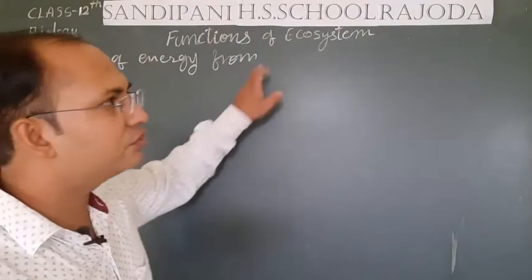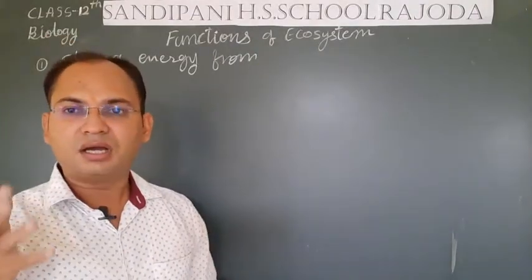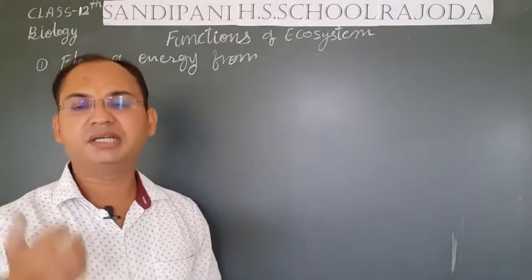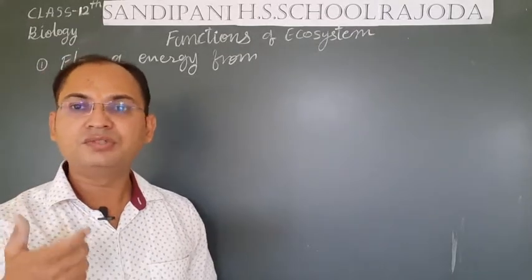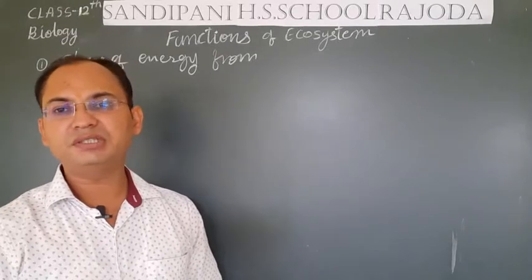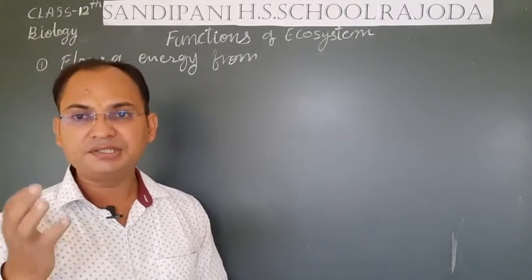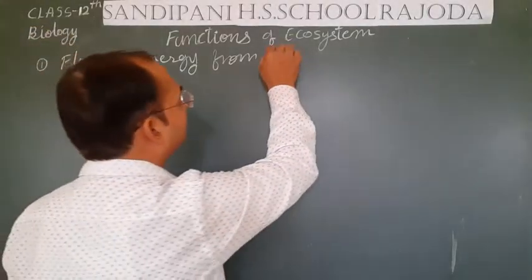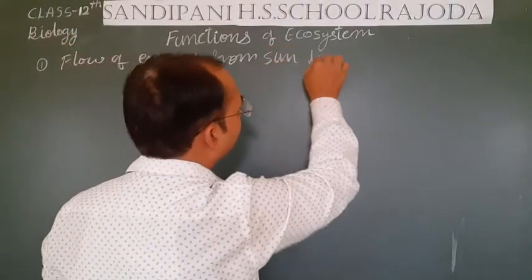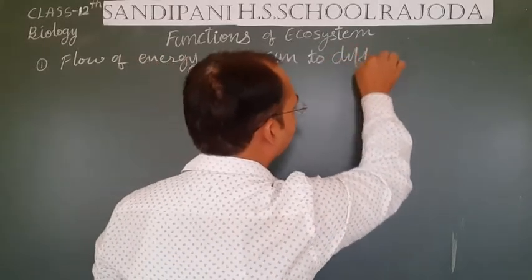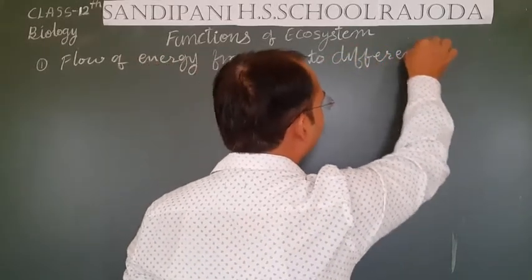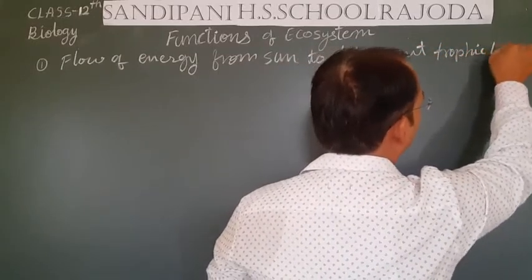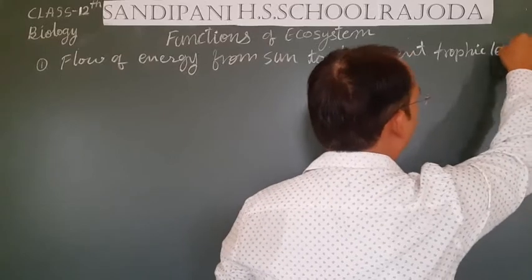Now students, one most important thing is that each and every type of ecosystem, from where does it get energy? So the final source of the energy for each and every type of ecosystem is the sun. So the flow of energy from the sun to different trophic levels.